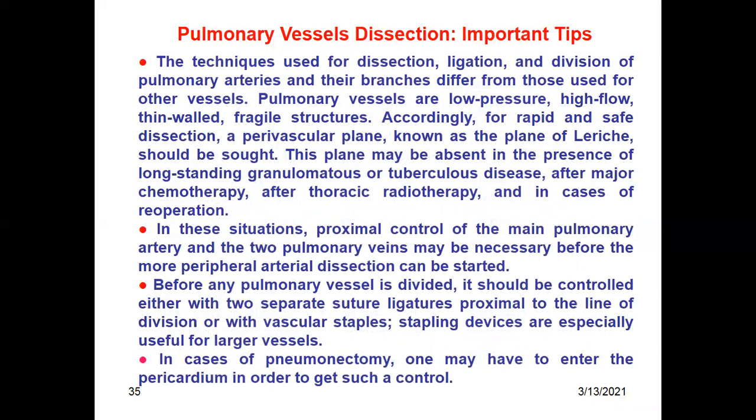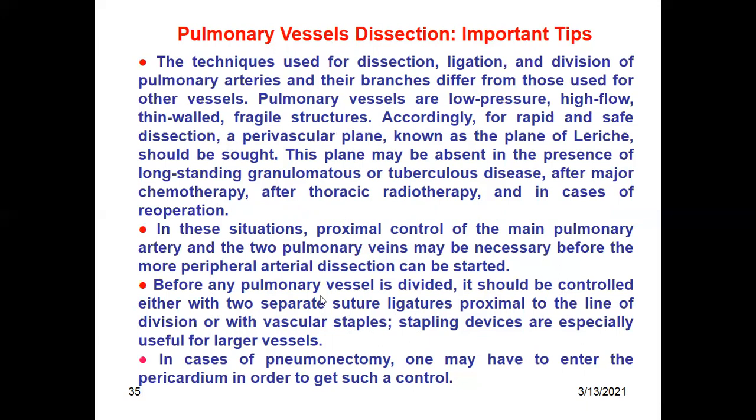Now, pulmonary vessels, whether arteries or veins, are different from vessels elsewhere in the body. Therefore, there are specific tips that we should learn to master a safe pulmonary resection.